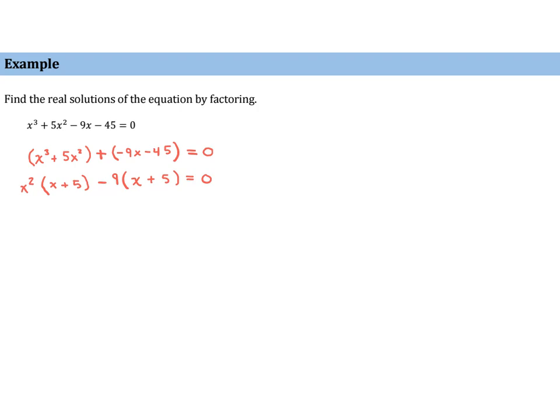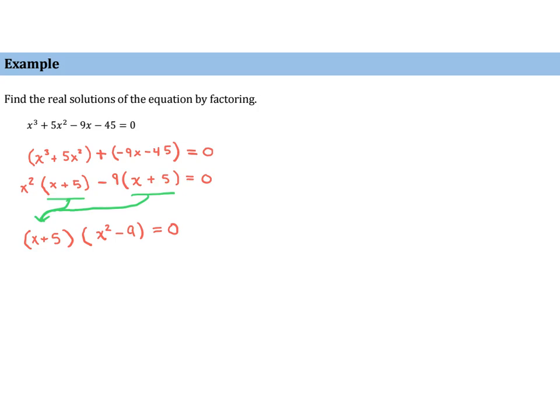Now that we've grouped and factored out of each grouping, you'll notice that we have a common factor of x plus 5. So we're going to treat that as our GCF, and it is x plus 5. So it's coming outside. What are we left with on the inside? X squared minus 9.